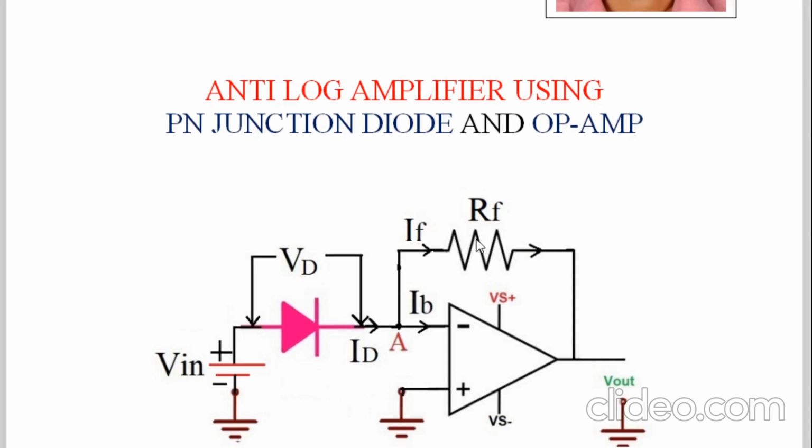Logic number one, by using Ohm's law, V is equal to I into R, where I is the current flowing through the feedback resistor, IF, and RF is the value of the resistor. Another logic: when you want to measure voltage across this feedback resistor, you connect the voltmeter, one terminal to the left hand and another terminal to the right hand. So that is a potential difference. So VRF, the voltage across feedback resistor, is equal to VA minus Vout.